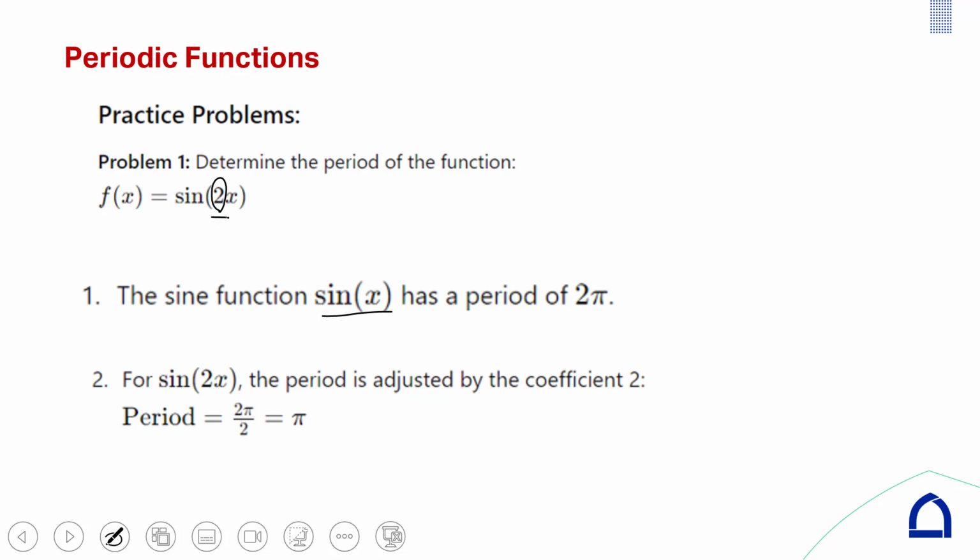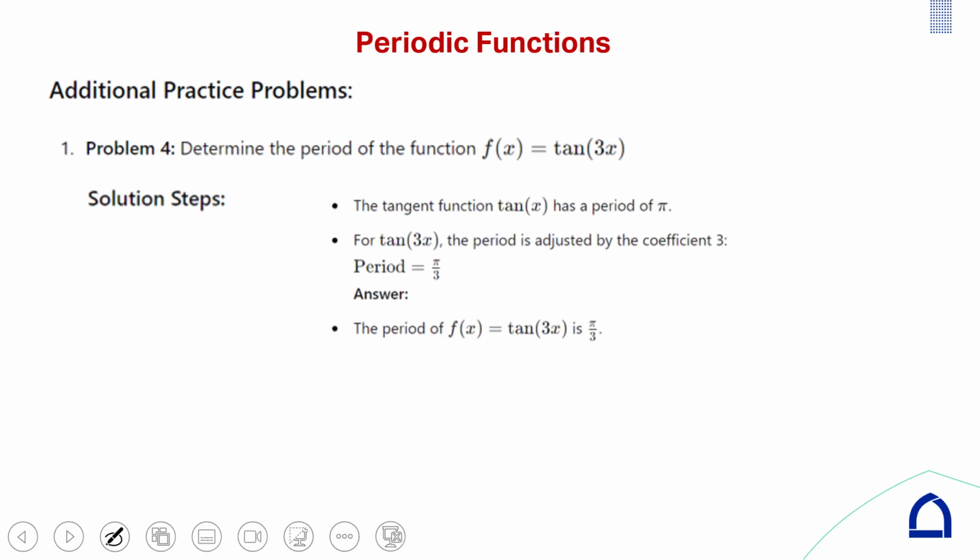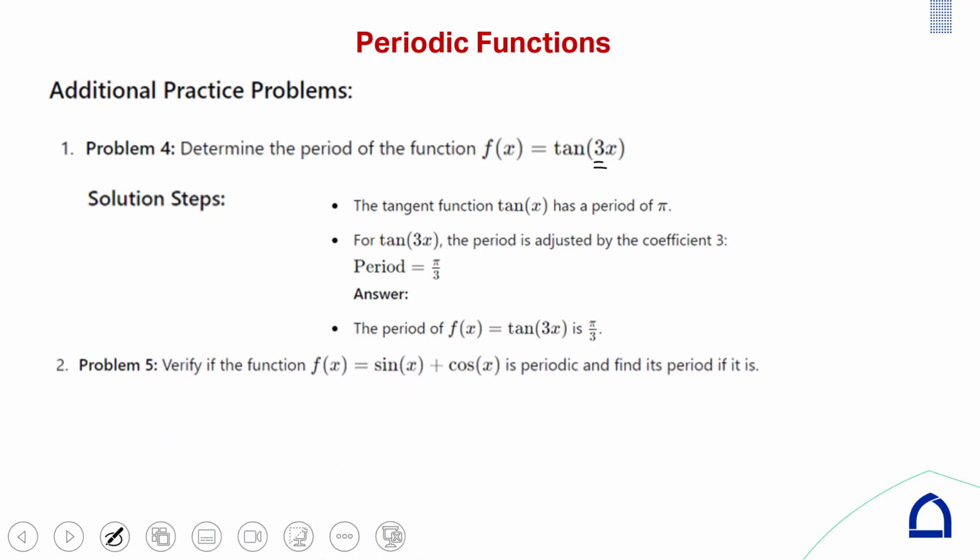So when you increase the coefficient, the period will decrease, right? Now, for tan 3x, we know tan has period pi, so you have to divide it by 3. So the period of tan 3x is pi over 3.